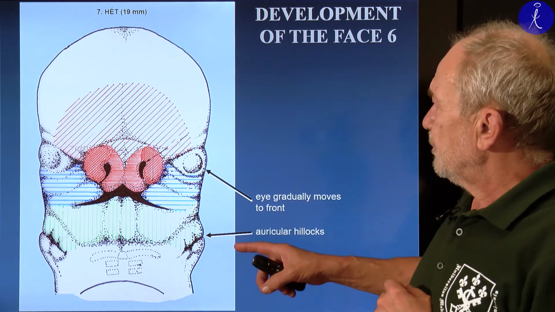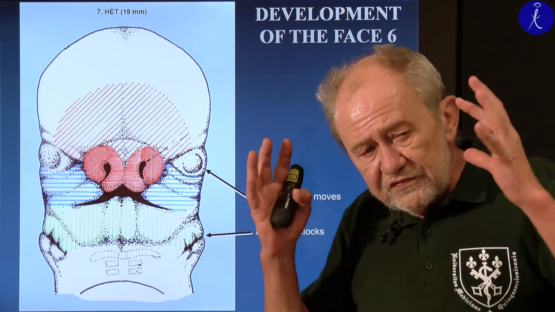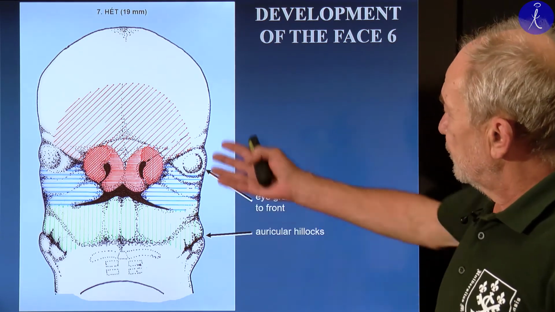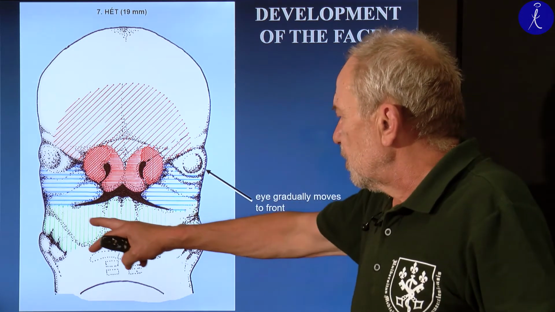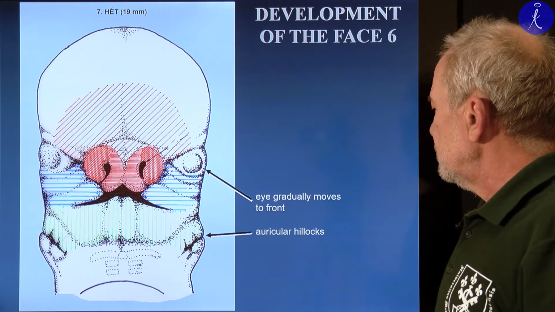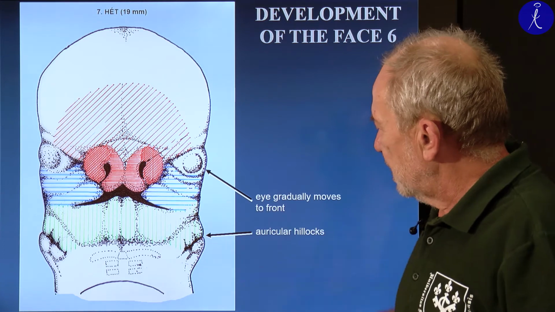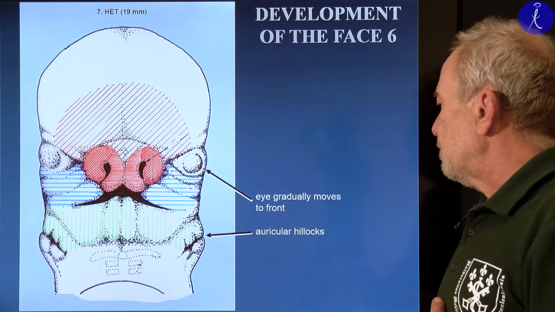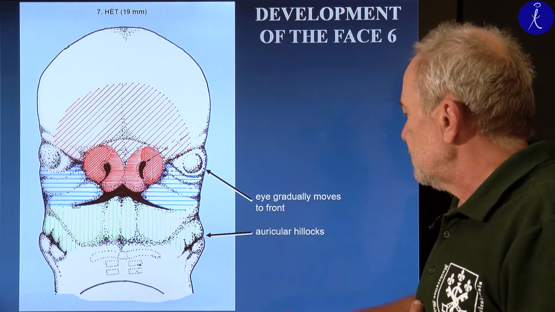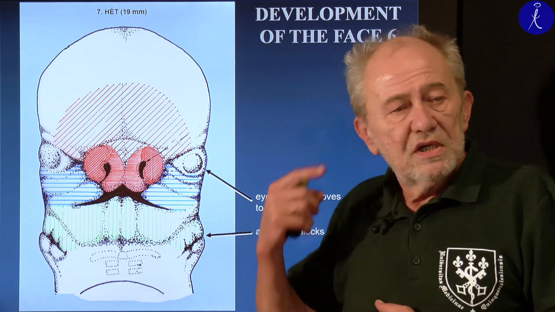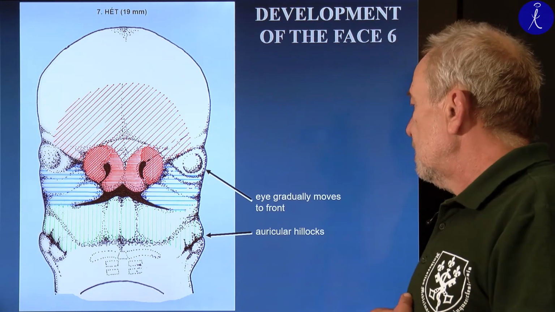What happened now, 1.5 weeks later, the eyes have shifted, moved to the front, so you can see a fairly good looking head now. The lower jaw has completely fused, and the first pharyngeal cleft gets surrounded by outgrowing, protruding parts of the mesenchyme, protruding the ectoderm of course, and these are the auricular hillocks which surround the external acoustic meatus finally.